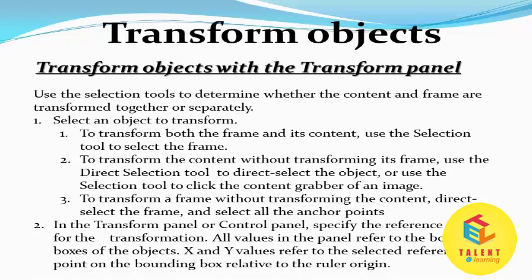To transform the content without transforming its frame, use the Direct Selection tool to select the object, or use the Selection tool on the content grabber of an image. To transform a frame without transforming the content, direct select the frame and select all the anchor points.